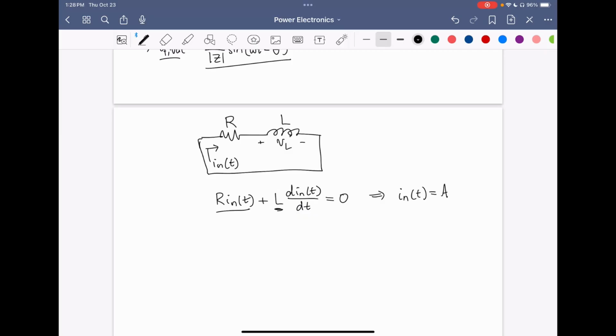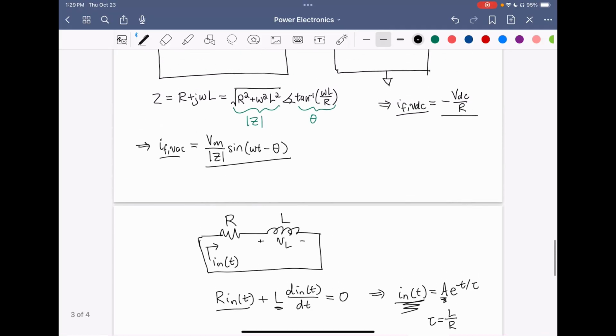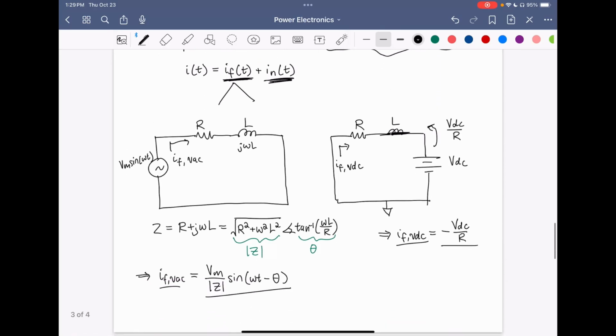So it's going to be in the form of A e to the power of negative t over tau, where tau is the time constant of the circuit, which for any LR circuit is L over R. So we don't know this term A, but we can eventually find that using some initial condition in the circuit. But we found the form for I_n. So we found I_n, we know I_F, so we know the expression for the current through the circuit.